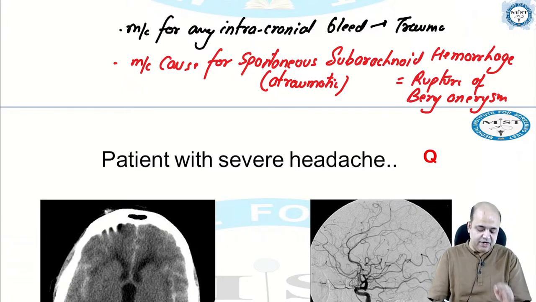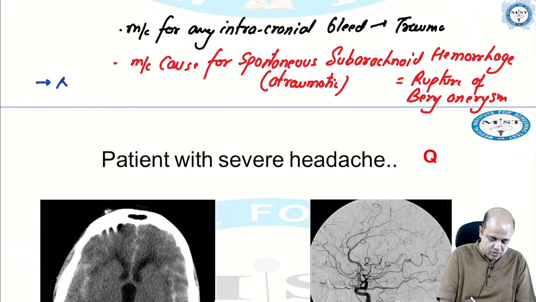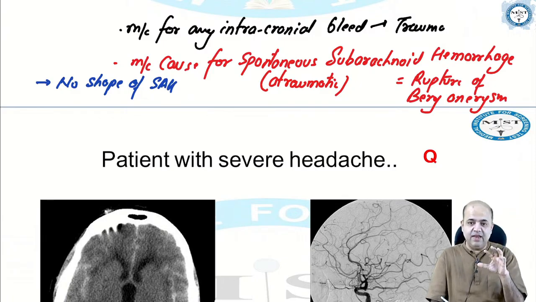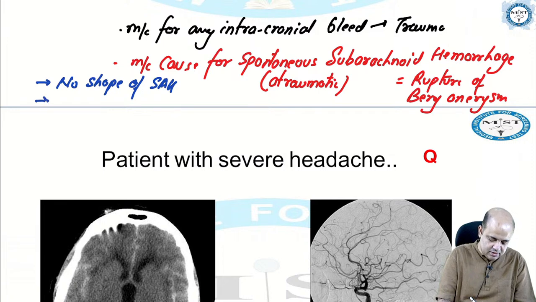There is no specific shape to the subarachnoid hemorrhage. So how do we identify it? Some call it the shape of a star, but that happens only when there is a bleed in the basal cistern. It is mainly blood in the CSF spaces.